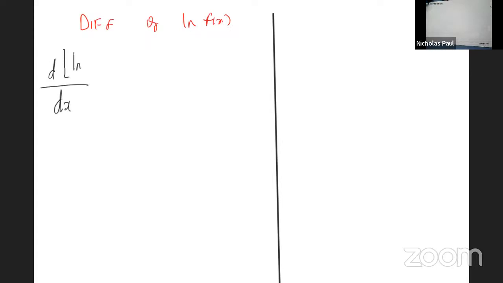Let's do ln now, so I can put them together after. The differential of ln f of x. Nice and easy. The differential of ln f of x is simply f of x in the denominator, and the numerator is the differential of f of x.